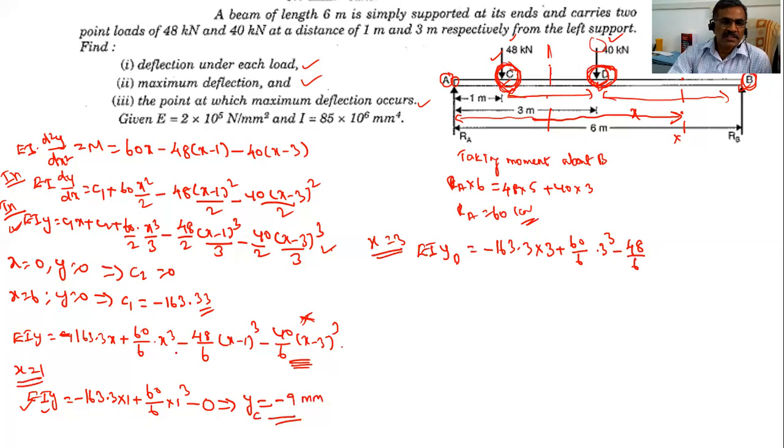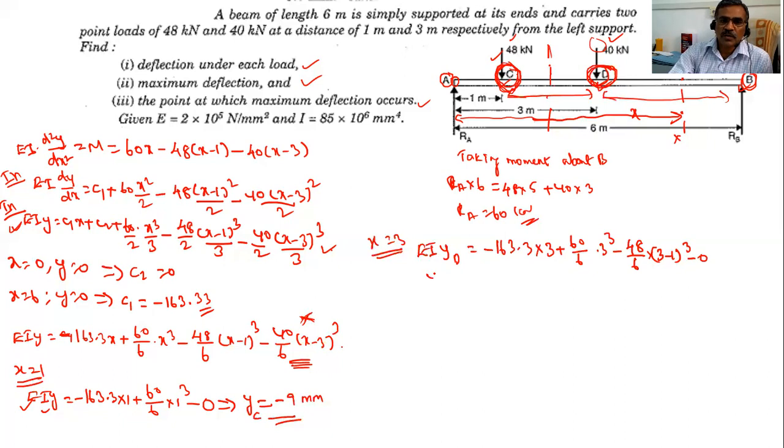So here this is x, here x minus 1. X minus 1 means 3 minus 1, that is 3 minus 1, the whole power 3. Here you are going to substitute x is equal to 3. So 3 minus 3 is equal to 0. So that will be 0.